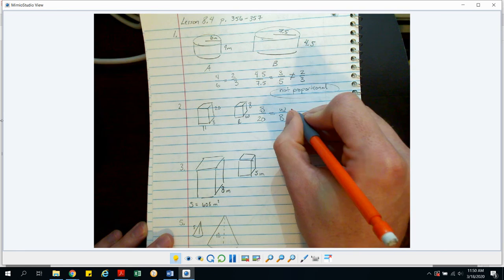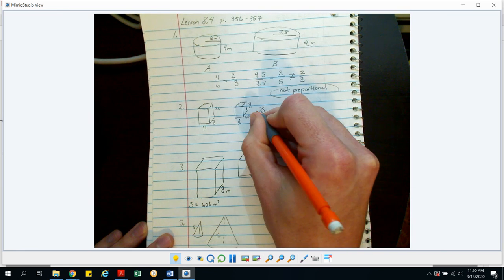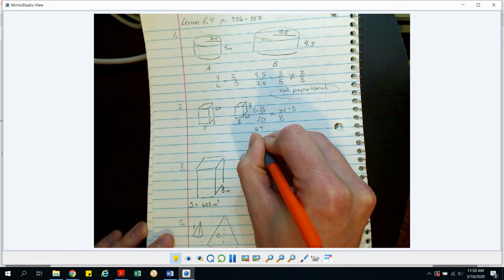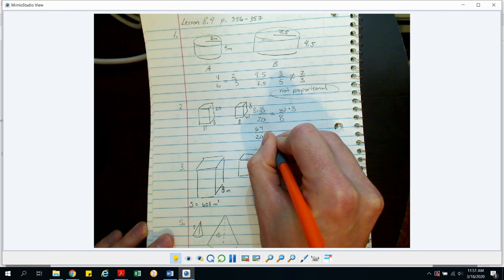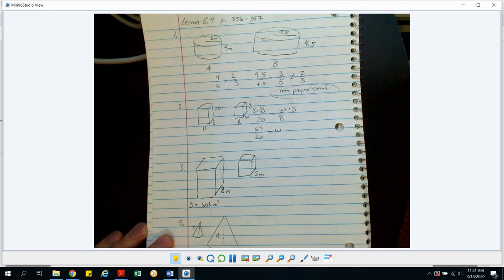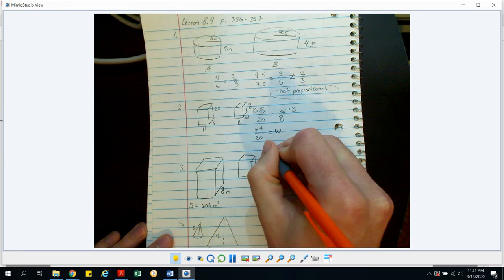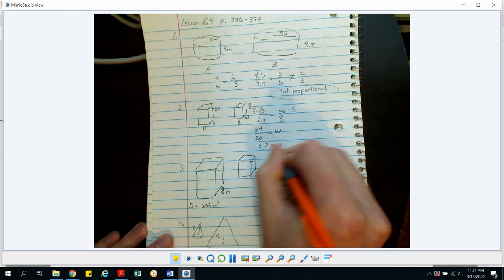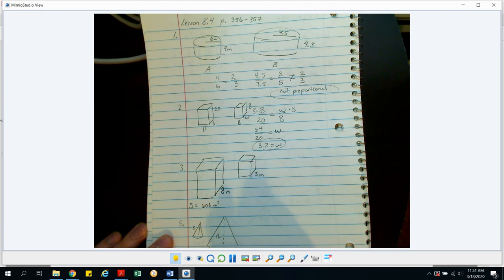I'm going to multiply by 8 on both sides. That'll give me 64 over 20 is equal to W. 64 over 20, go ahead and punch that into your calculator. We get 3.2. Okay, so the width here is 3.2.